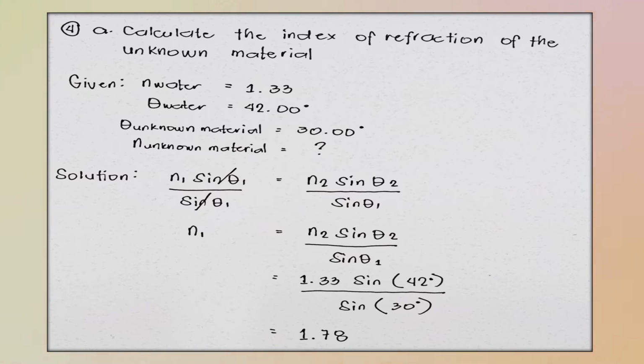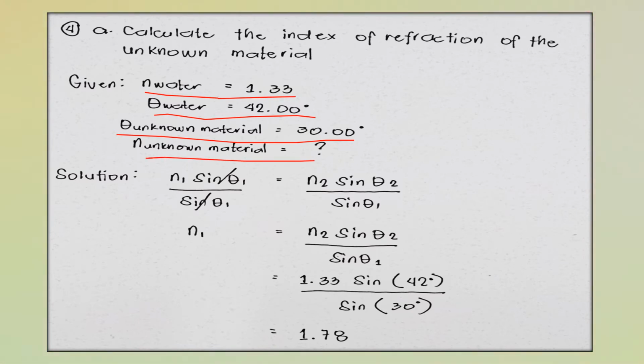So our given for n water is 1.33. For the refracted angle, which is the theta water, it is equal to 42 degrees. For the angle of the unknown material, it's 30 degrees.